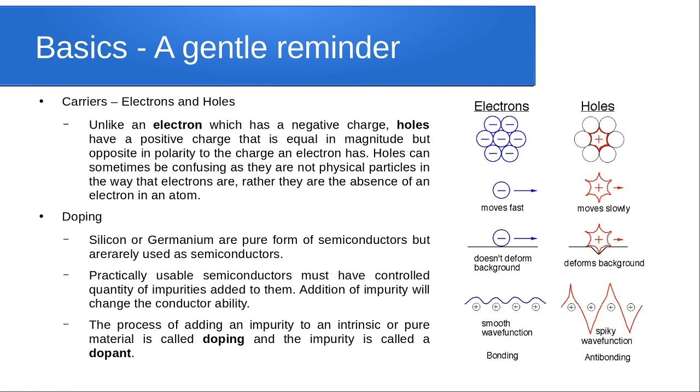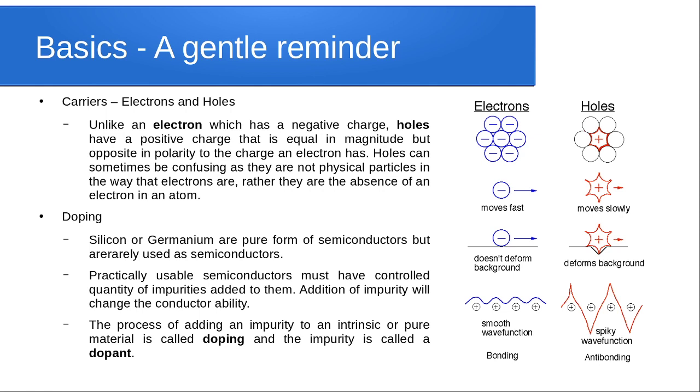Another basic concept is that of doping. We had seen by the example of thermal energy that the pure form of semiconductors can conduct only when it is excited by temperature. Practically usable semiconductors cannot be in pure form.